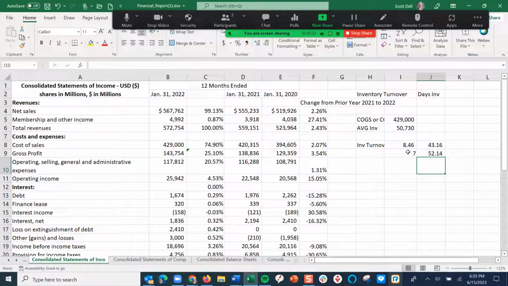So it'd be 52 days. It was slower last year if that was the numbers. So it's typically faster, better? Typically, yeah. Can it be too fast? Can I have 10 days inventory? Yeah, you could, and that would be much too fast, most likely, because you couldn't stock your shelves fast enough. So the absolute numbers aren't as meaningful as the relationships of the numbers.